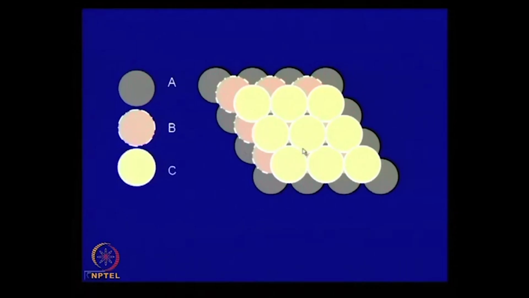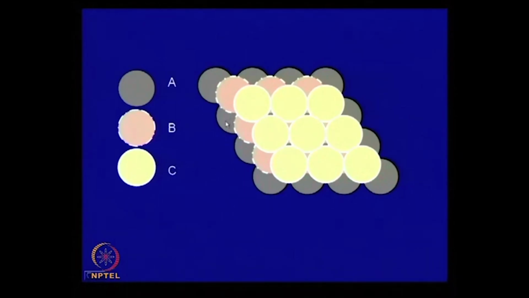Now, in a face centered cubic structure, if you look in detail, if you join this, these are the 4 corner atoms of the cube, and this is the face center atom if you look from this side. In case of hexagonal structure, the third layer, the C, does not exist.